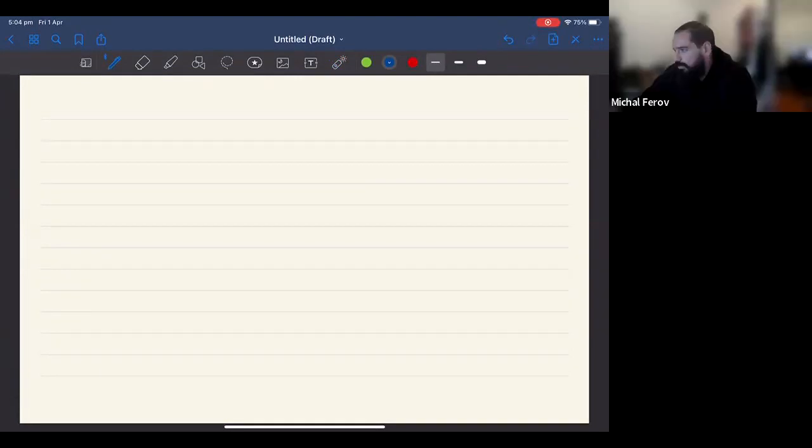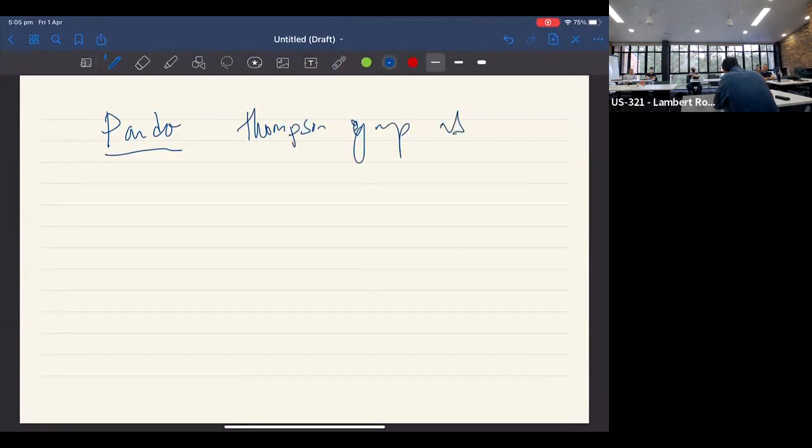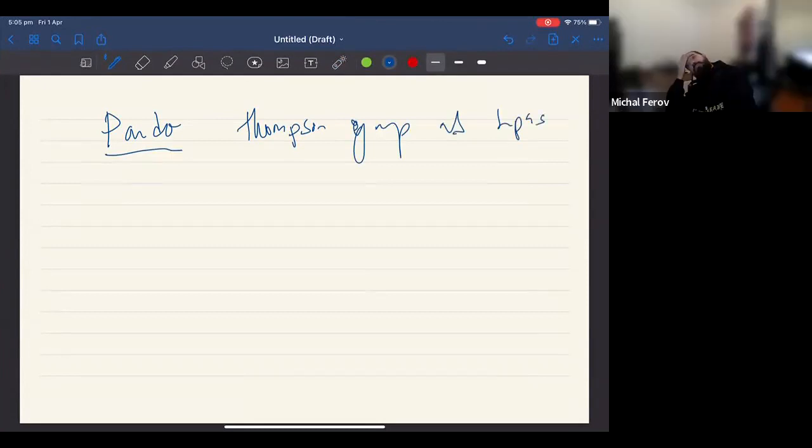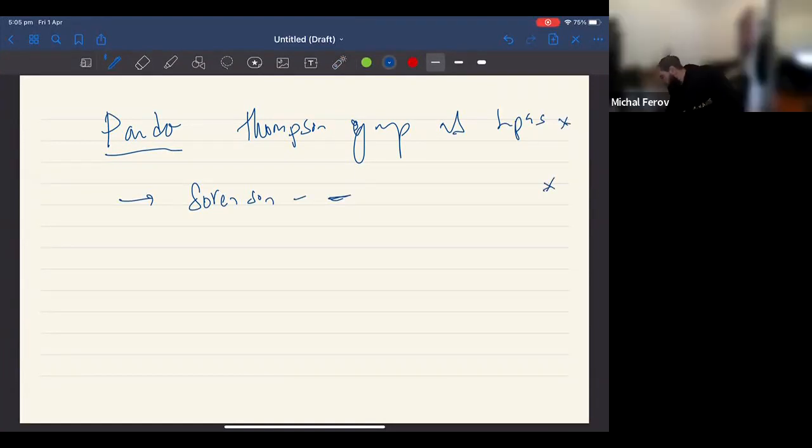But I have to look at it to see how it's done properly. In fact, the paper is by Pardo, which describes Thompson groups and Leavitt path algebras, and there is a follow-up by Sorensen. Sorensen was in Illinois when he wrote it, with a coauthor whose name I forgot. So there are two papers in that direction, but I need to look at them to see exactly how it's done.